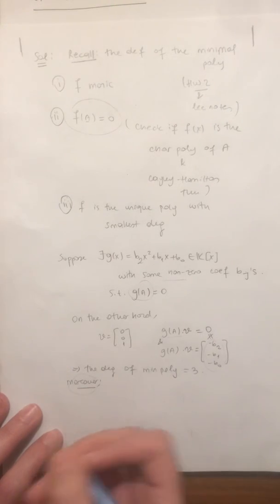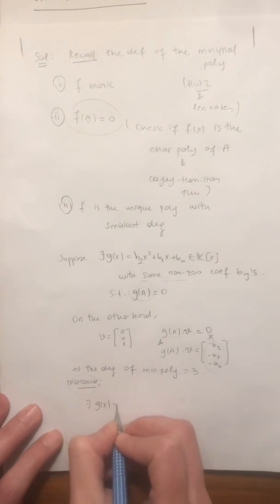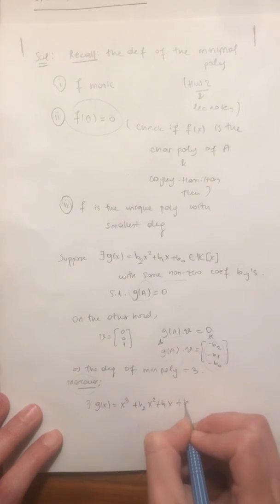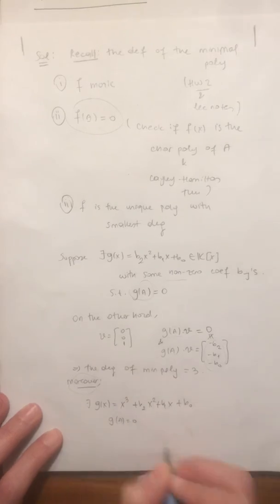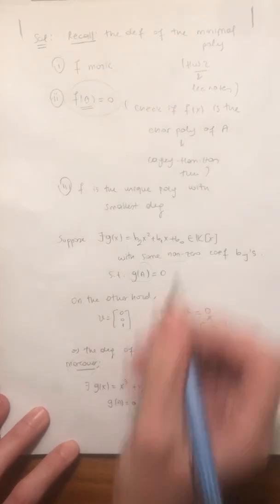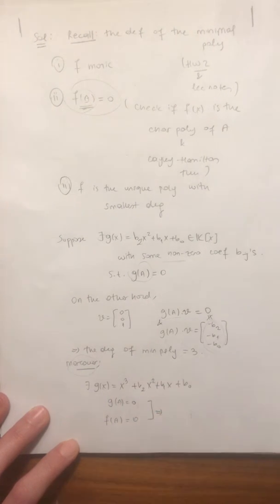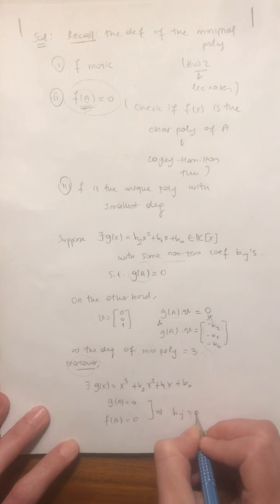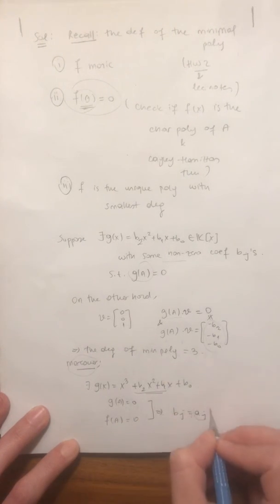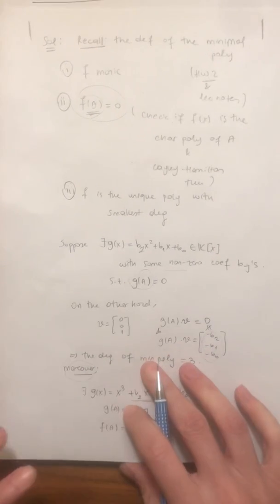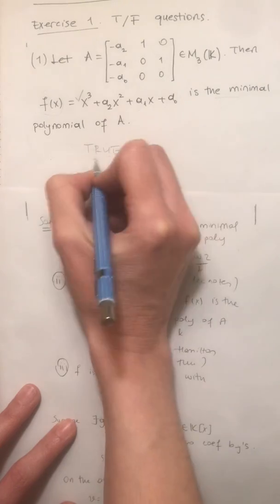And moreover, if there is another monic polynomial of degree 3 such that g of a is 0, and we also know that from the second item f is also such a polynomial with this property, and by solving these two equations we conclude that actually this polynomial is exactly the same polynomial given in this form. So we conclude that the statement is true.